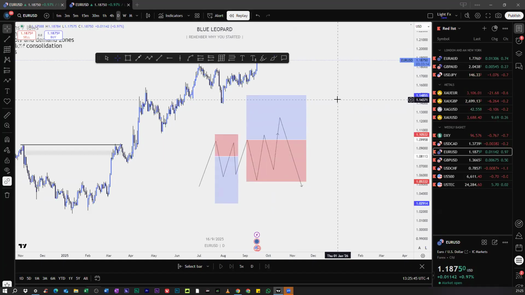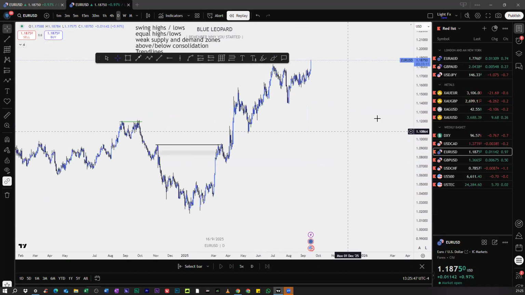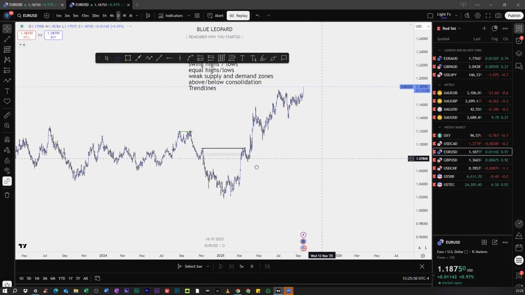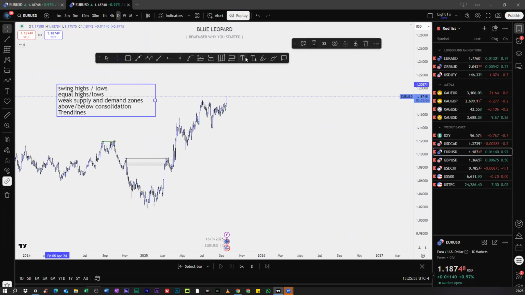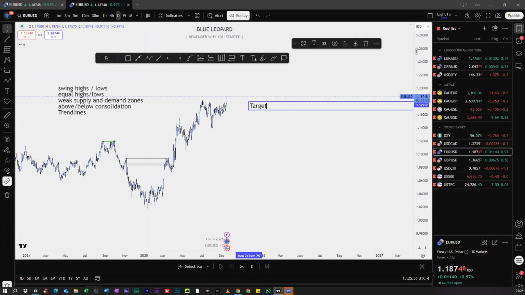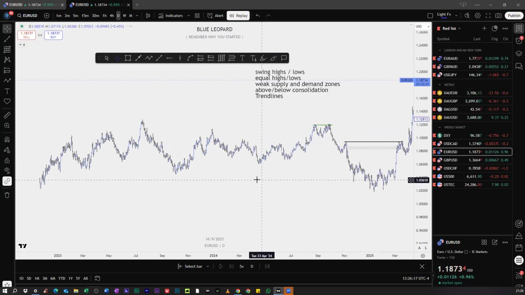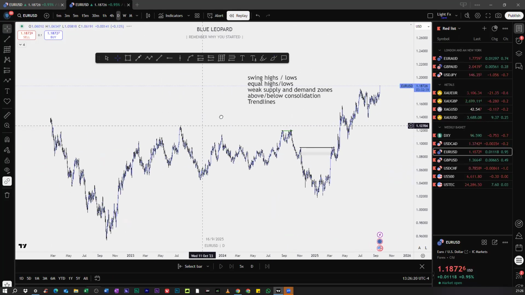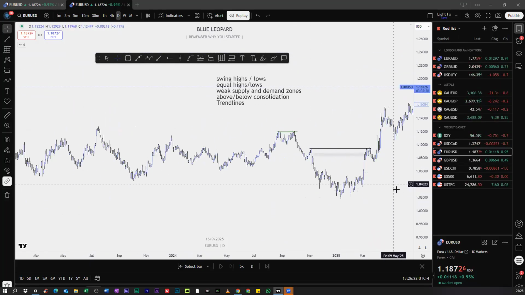So in practice, what you should do is find targets, liquidity zones, and you should also find inducement. What is inducement? Inducement is just when the market sweeps liquidity. You understand? When the market sweeps liquidity, you have an inducement.